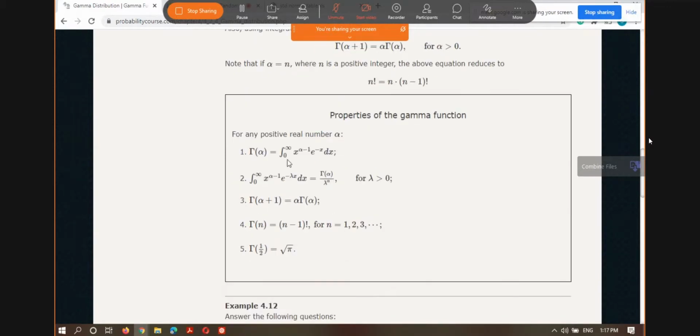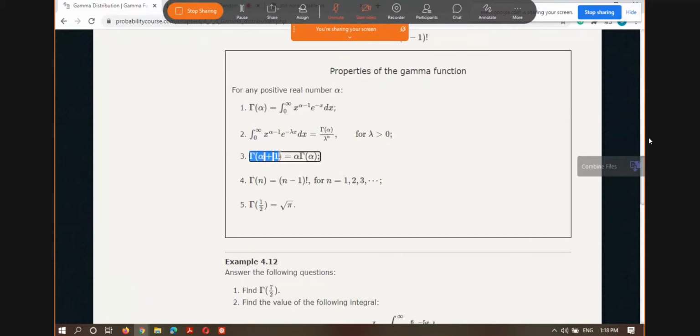So these are some results. You remember this is the definition of the gamma function: gamma alpha equals integral from 0 to infinity of x raised to power alpha minus 1 e raised to power minus x dx. Then gamma alpha plus 1 equals alpha gamma alpha for alpha greater than 0. Gamma n equals n minus 1 factorial for n equal to 1, 2, 3. And gamma 1 by 2 equals root pi.